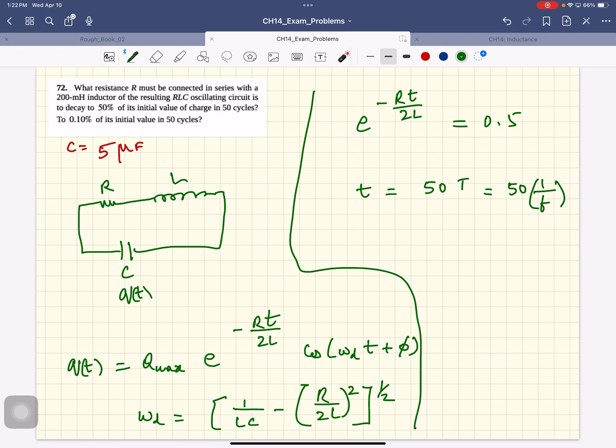And this is related to the frequency, so 2 pi f is omega d. So f is omega damped frequency divided by 2 pi. All right, so we'll put all that in there.